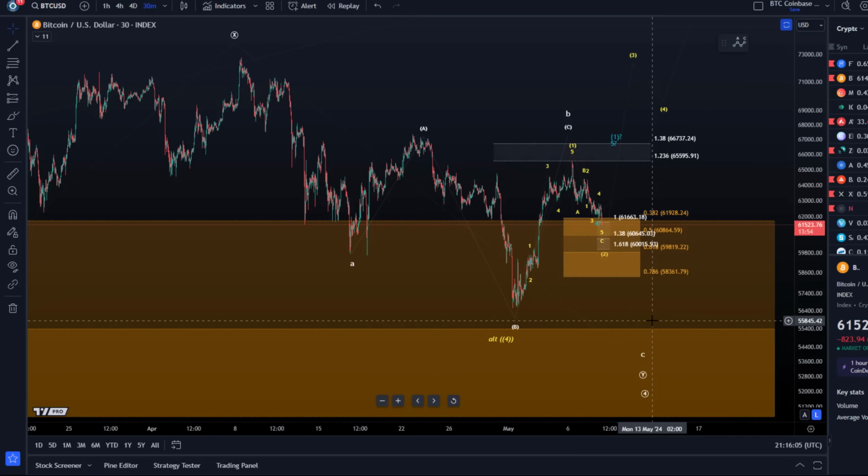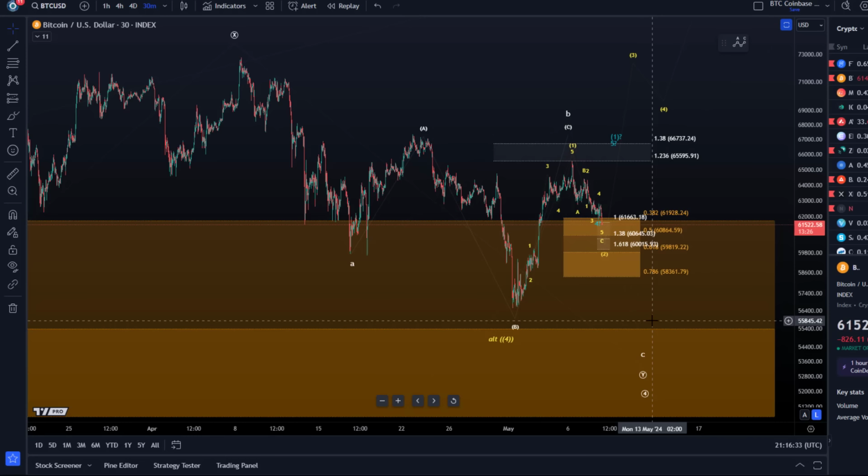We have now arrived at the point where these two wave counts should diverge from each other. In the yellow count, we want the price to hold the 58,360 level. It doesn't need to go down to that level, and ideally we don't go much lower, but until we see a first small rally or some upside momentum, the correction is set to continue.